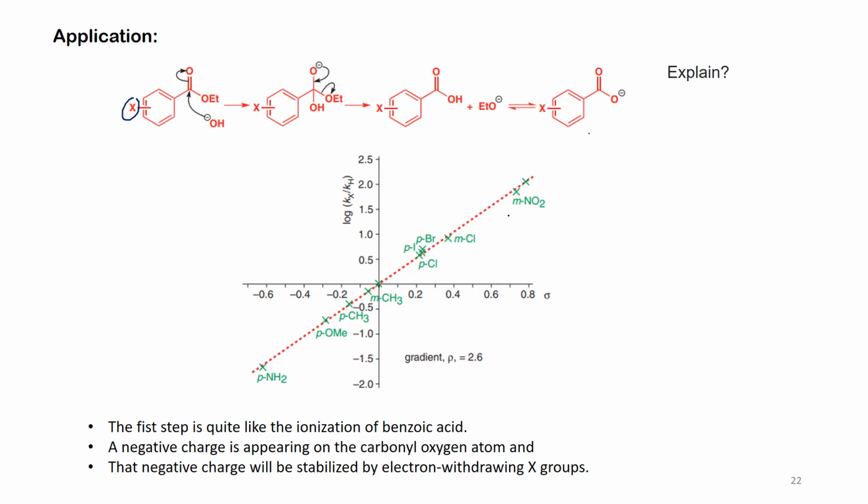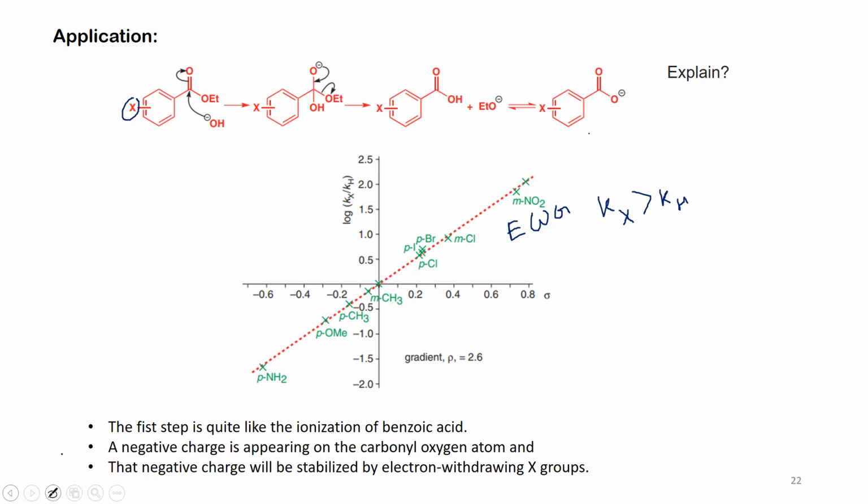When they used different types of electron withdrawing groups, an enhancement in rate was observed. That is, in that case Kx is greater than KH, which is similar to that of benzoic acid.